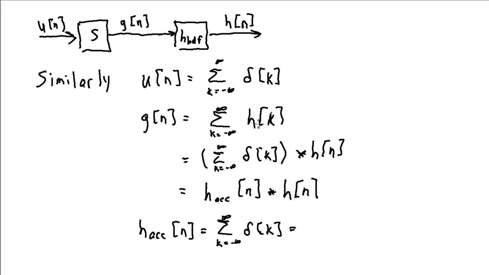But we started this off by saying the summation is actually equal to u of n. So an accumulator system has an impulse response that is the unit step. And so if we run an impulse through this accumulator system, we'll get out u of n. If we run our impulse response through this system, we'll get out the step response of the system.